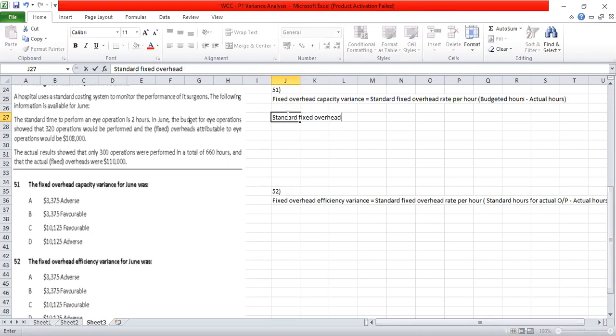Standard fixed overhead rate per hour is equal to standard fixed overhead cost, which is 108,000. See, standard and budgeted are one and the same. Sometimes I'm using this term, sometimes that term, so don't get confused.